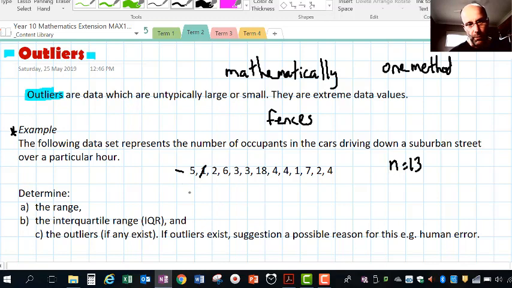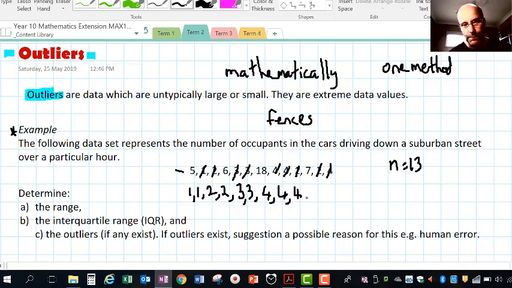So here we go. 1, 1, 2, 3, 3. Oh, no, there's another 2, sorry. 2, then 3, 3, and then 4, 4, 4, 4, 4, 4, then 5, then 6, then 7, and then 18.